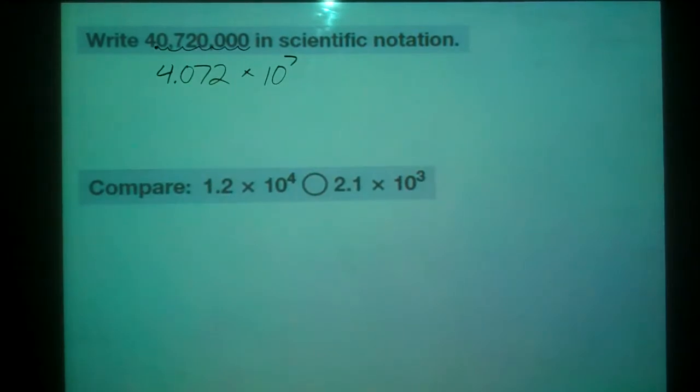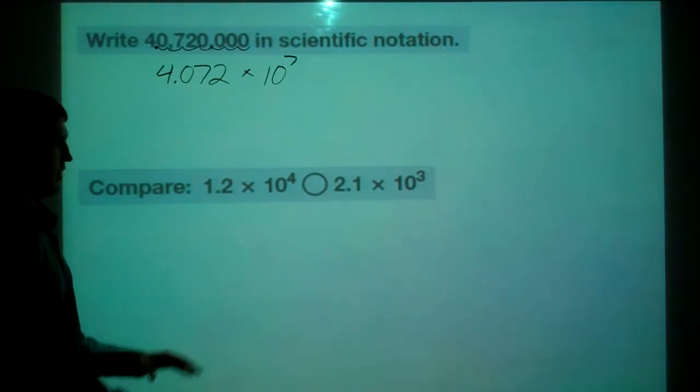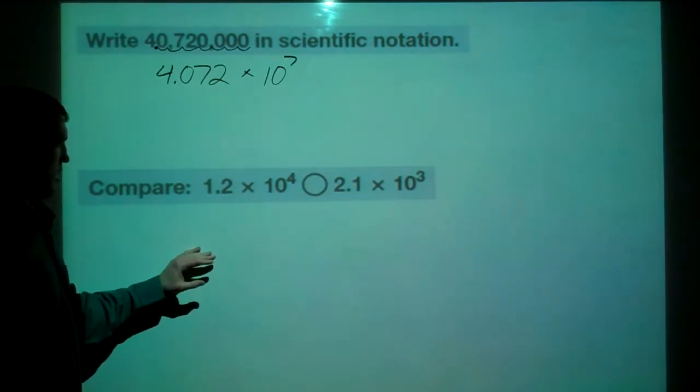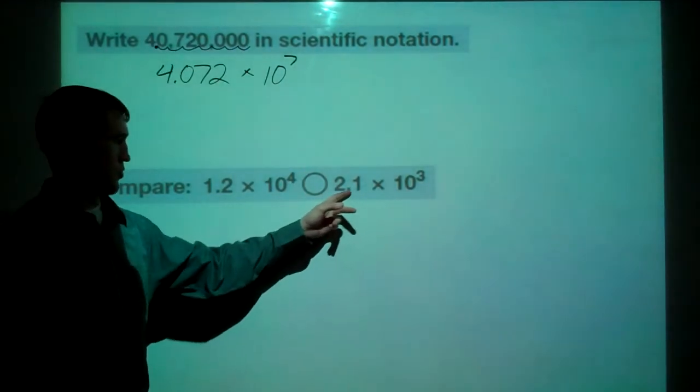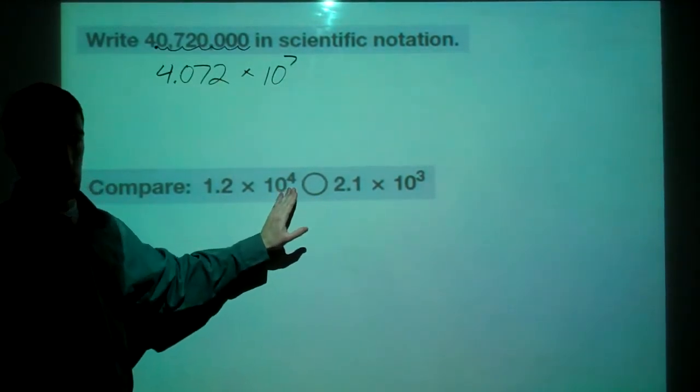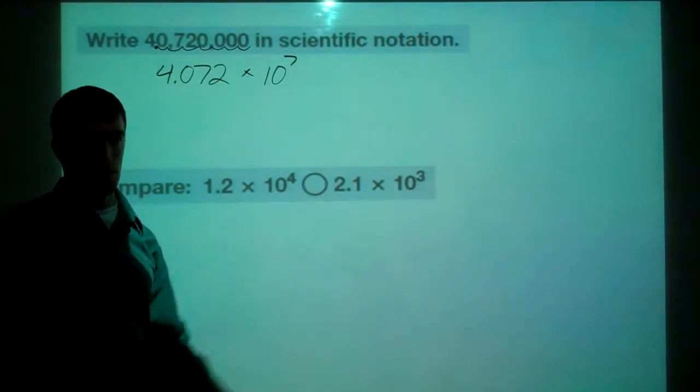Okay, now let's take a look at these. Now that we can do our scientific notation, we can compare which ones are bigger. Right off the bat, we should see that even though this number is smaller, it has one more place value than this number does.